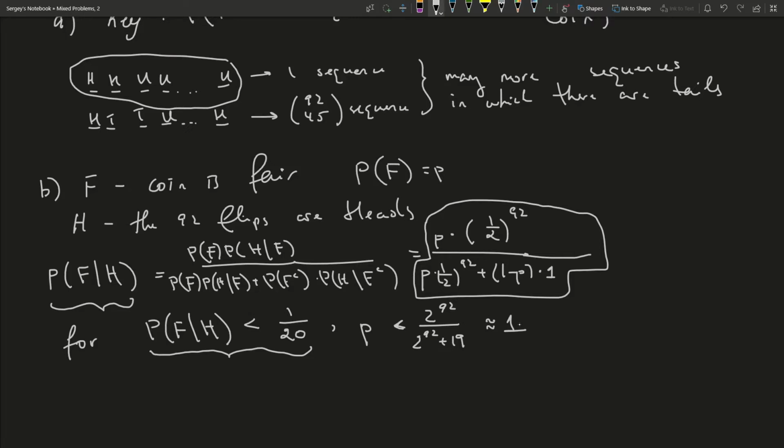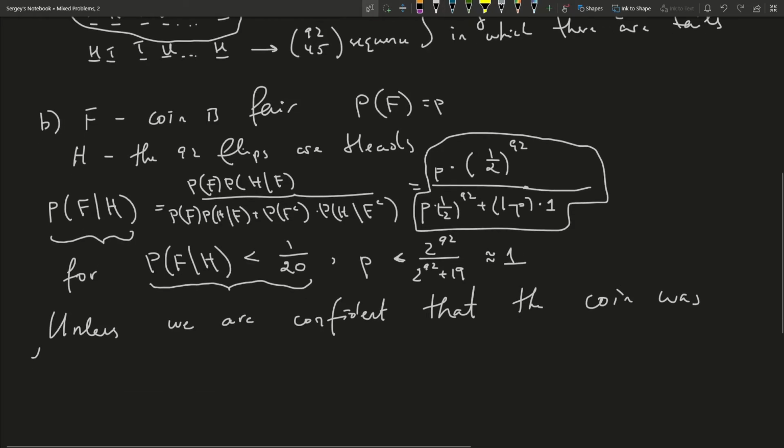So the way to interpret this is to say that unless we are confident that the coin was fair, the posterior probability, given that we've observed 92 flips of heads, is actually less than 1 over 20.